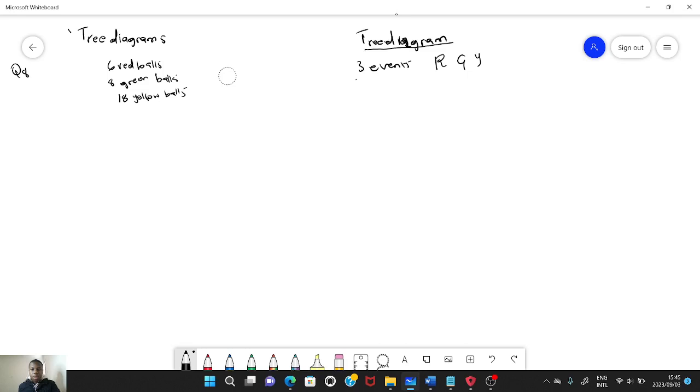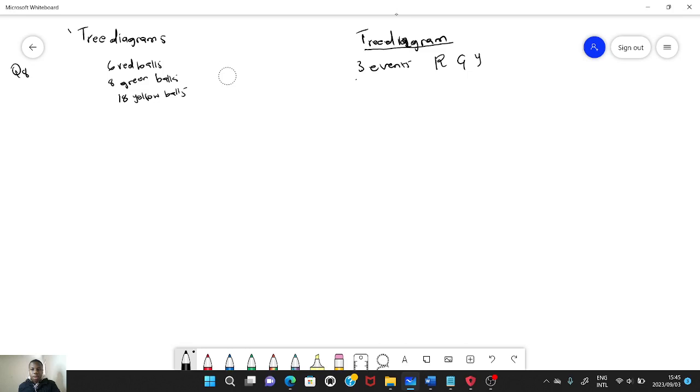To make things simpler, we don't really care whether you start with red or green, but just make sure you maintain consistency throughout the tree diagram so that you do not confuse yourself. So the first branch I will name R, which represents my red balls, then the second one will be G, and then I'll have Y.